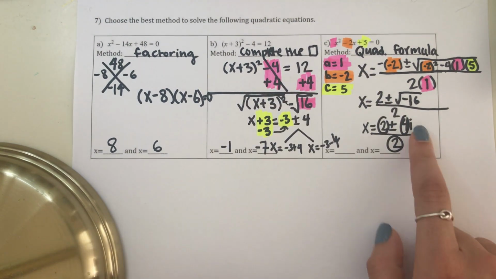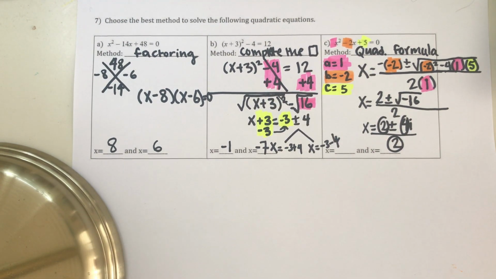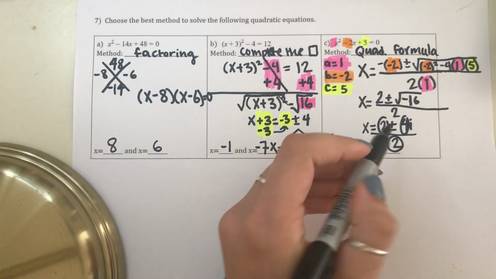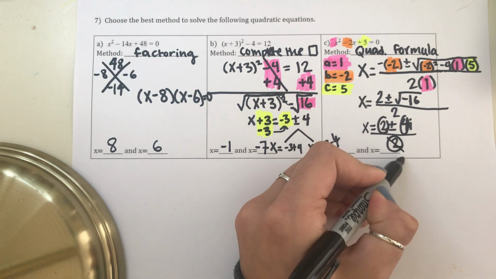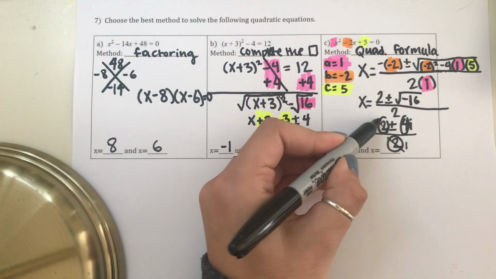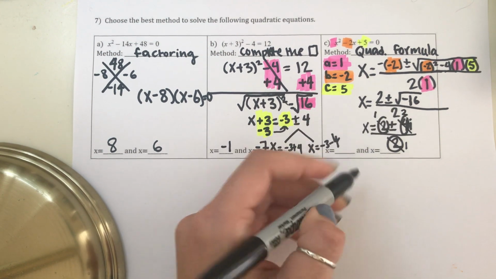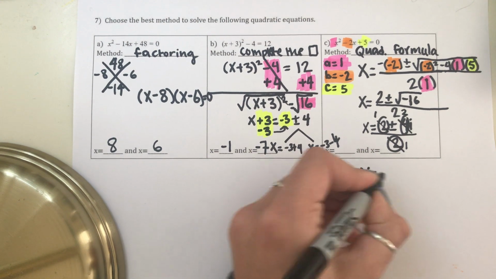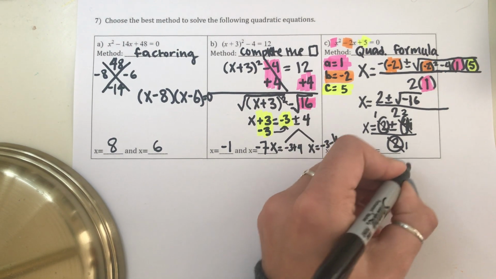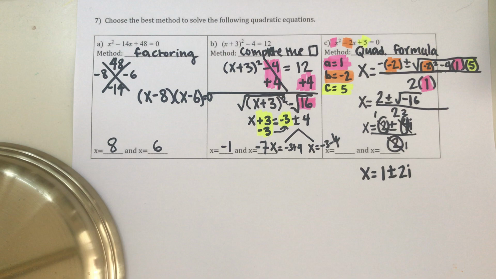So I circle my whole numbers, and I see that they are all divisible by 2, so now I divide by 2. 2 divided by 2 is 1, 2 divided by 2 is 1, and 4 divided by 2 is 2. So I'll rewrite that right here. x equals 1 plus or minus 2i.